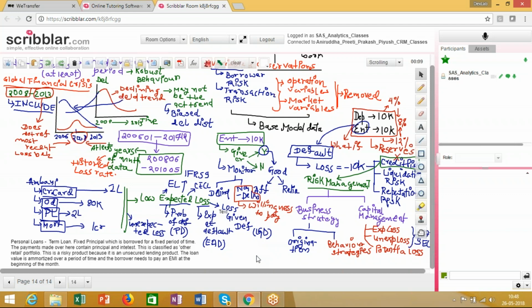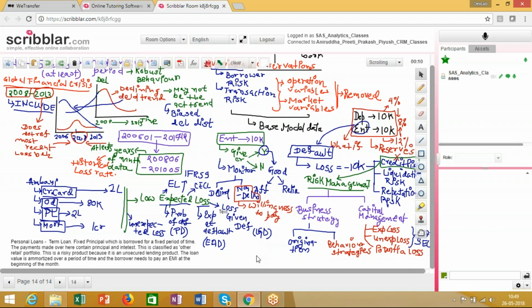What do you think the sources of risk can possibly be?